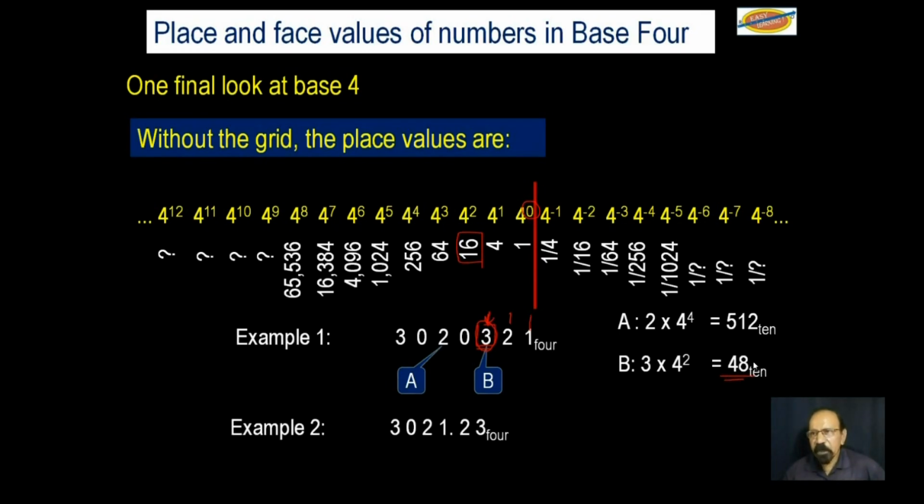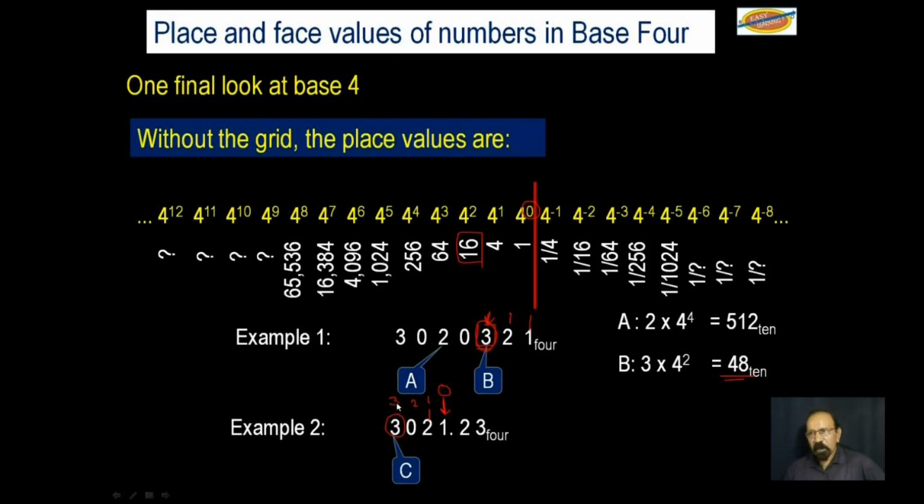Let's look at one more example. 3021.23. We will consider this 3 here. From this unit position, which is 4 to the 0 power, this will be 4 to the first power, 4 to the second power, 4 to the third power.